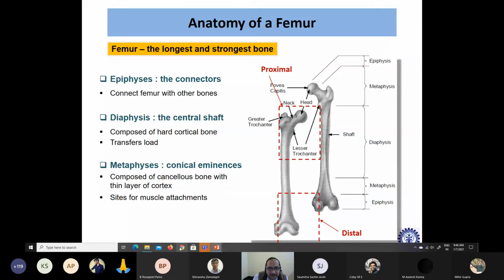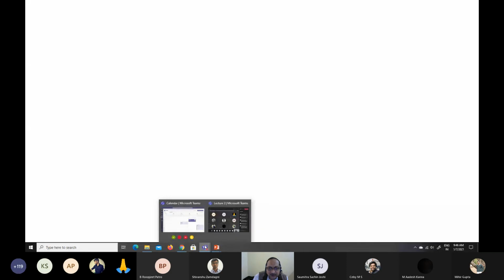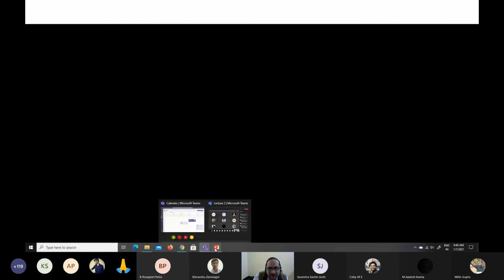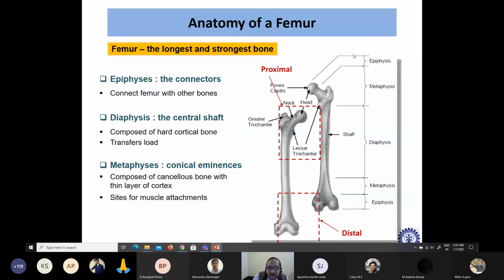Let me find it for you. Just a moment. This landmark is not grossly visible, but it is there. It is the fovea capitis.